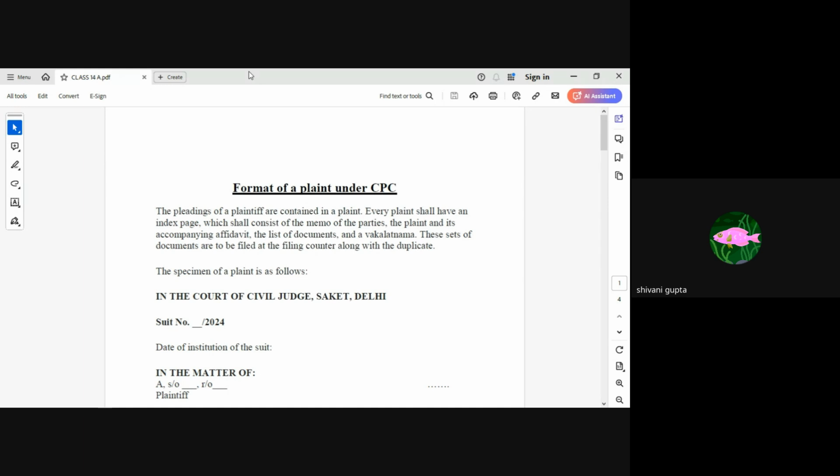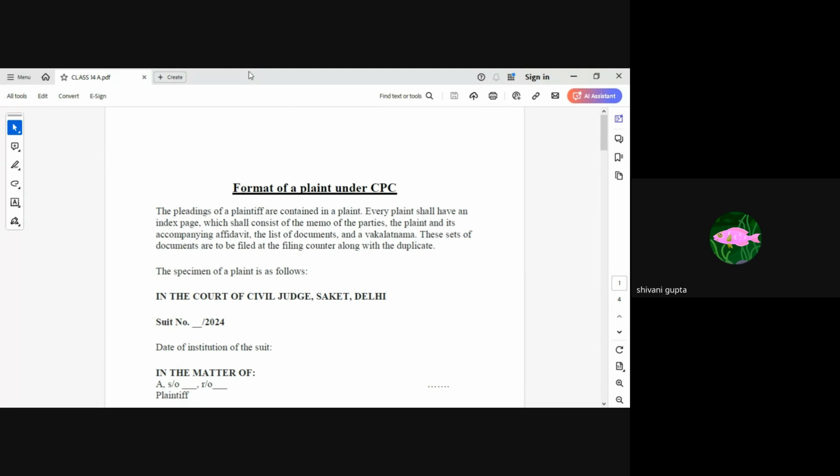Yes, anyone have any other question, or else I am giving you the task. I will put the task in the group also. You have to draft a plaint for the civil suit of a matrimonial dispute under section 13B of the Hindu Marriage Act. Annexure and enclosure: enclosure means a kind of formal letter containing the thing.